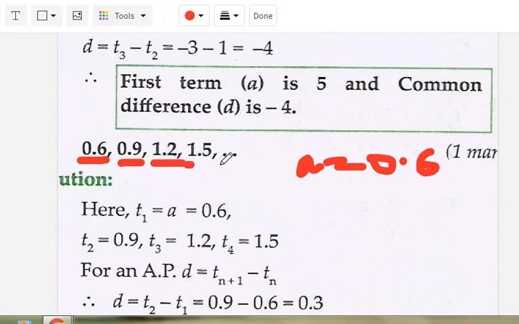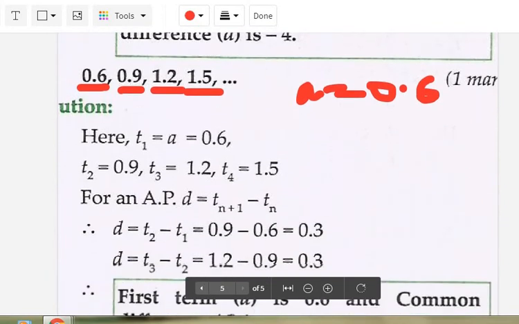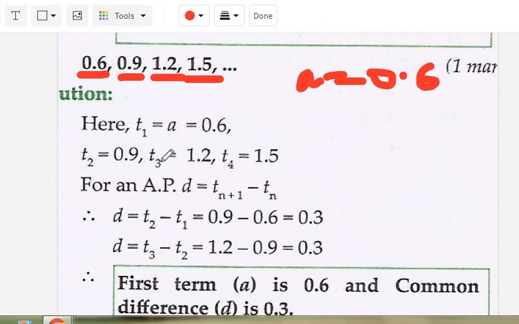Then this is T2, this is T3, this is T4. We have to find out common difference. First write T1, T2, T3 and T4. Then for an AP, common difference D is equal to Tn plus 1 minus Tn, that is T2 minus T1. T2 is 0.9 minus T1 is 0.6, that is 0.3. Again T3 minus T2, that is 1.2 minus 0.9, that is also 0.3.